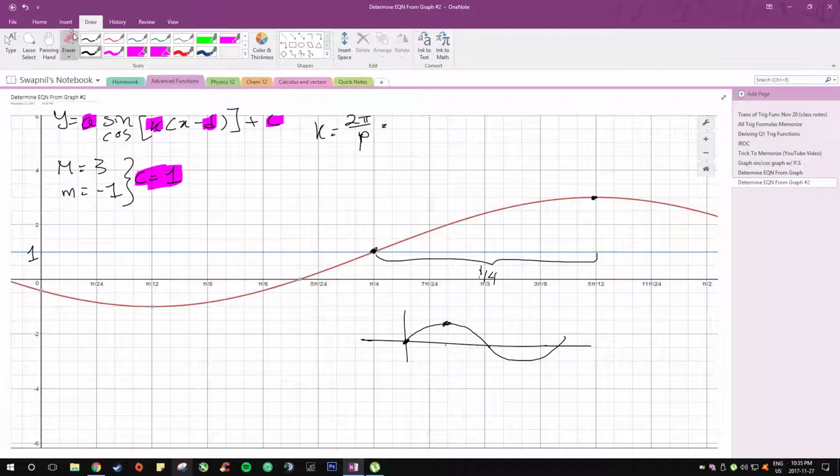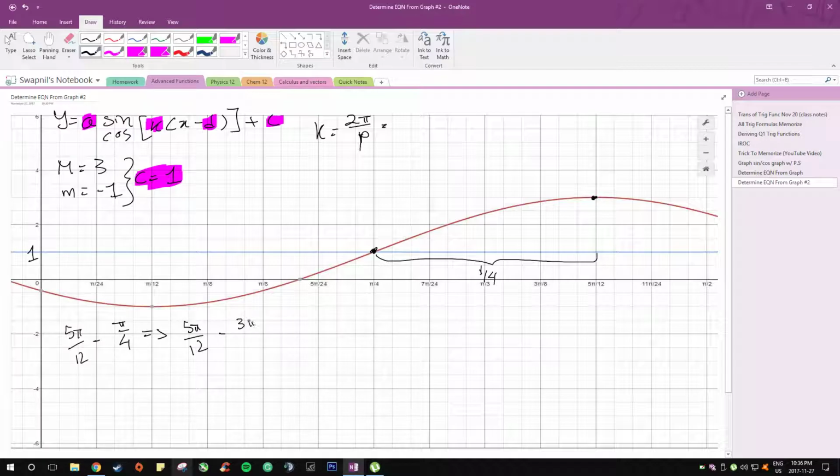So then all we need to do is get what that is, and then multiply by 4. So what is it? Let's see. From here to here is 5 pi over 12, and then you're subtracting this much. So 5 pi over 12 minus pi over 4. Multiply the top and bottom by 3, and this becomes 5 pi over 12 minus 3 pi over 12.